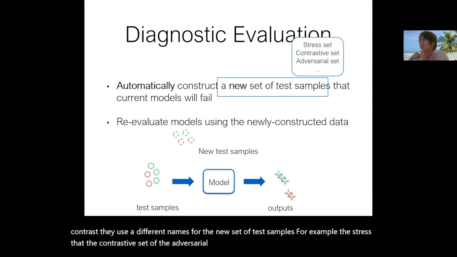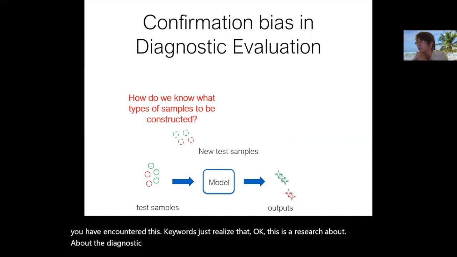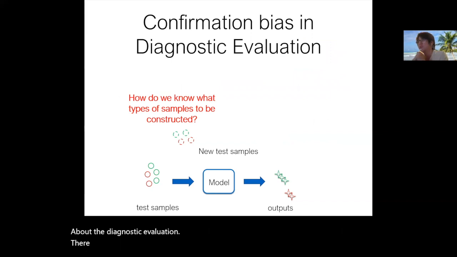So just keep this in mind. In case you later encounter these keywords, just realize that this is research about diagnostic evaluation. There is also one potential limitation of diagnostic evaluation, that is confirmation bias.